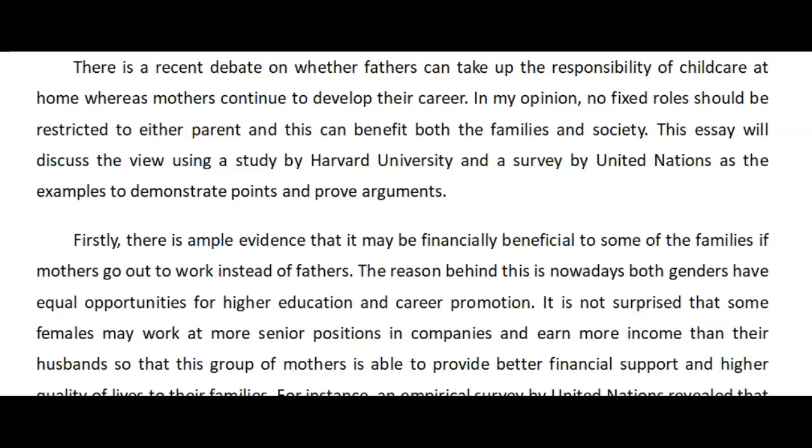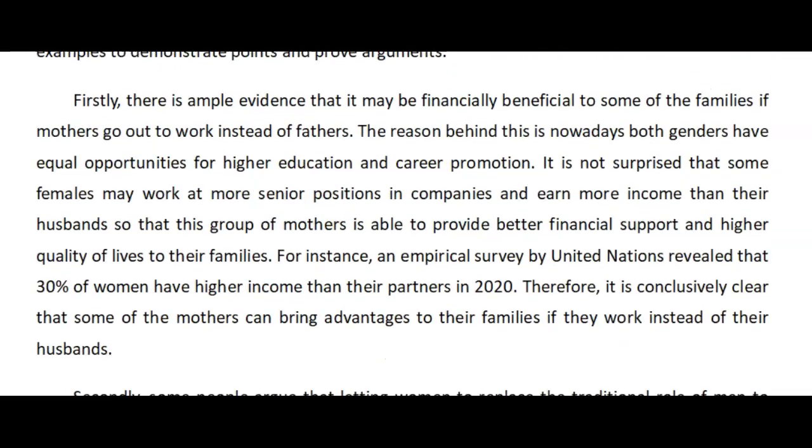On the other hand, if this is how you developed it and you talked about no fixed roles should be restricted, et cetera, and you didn't talk about the reasons, then it's an essay that is also not on topic. Okay, that there's some elements here that are definitely off topic responses. So you could see why we pay attention to the introduction, even though it's not on the band descriptors per se. You still have to make sure that you do a good job with it. Okay, so let's keep going.